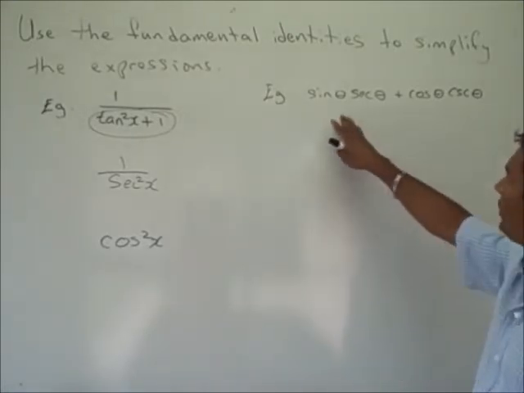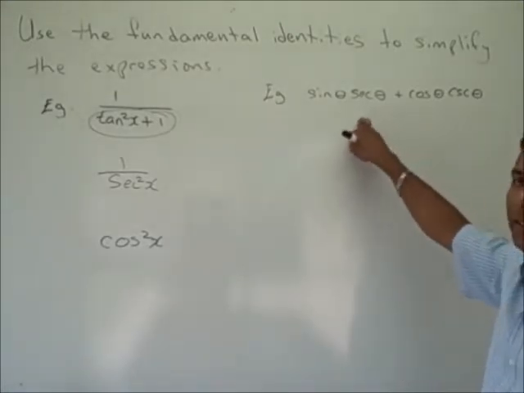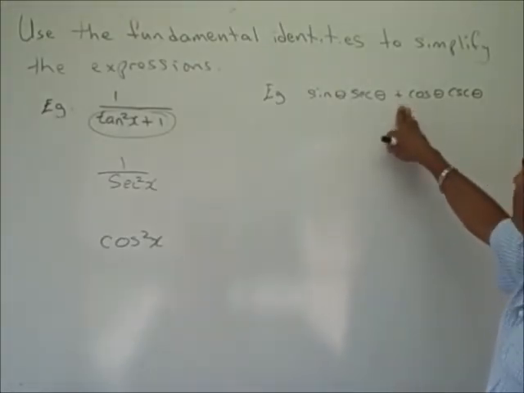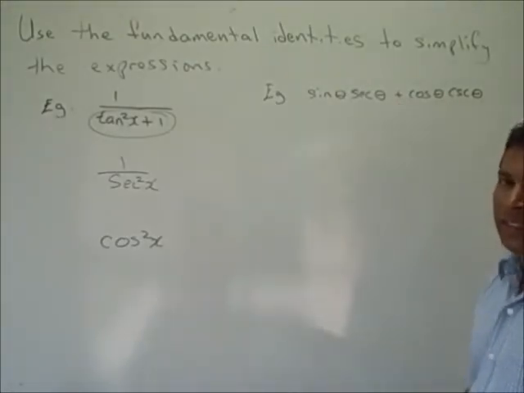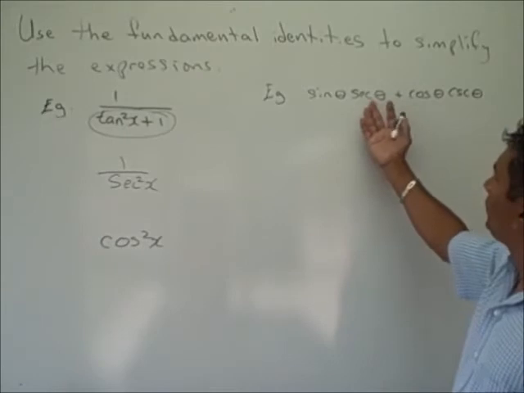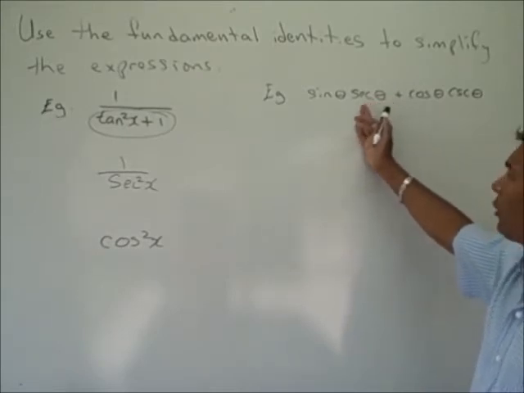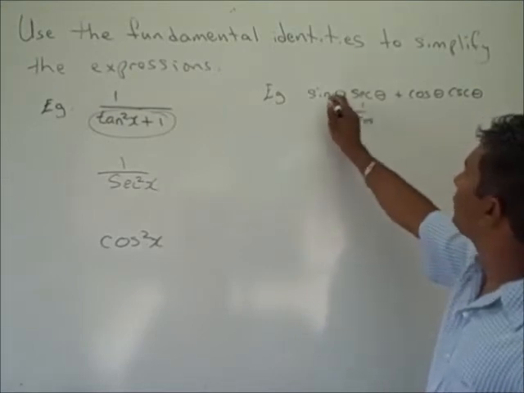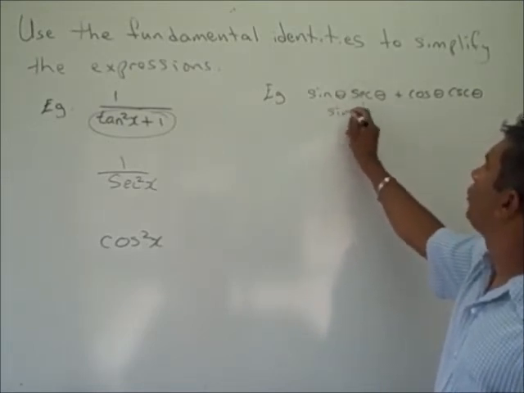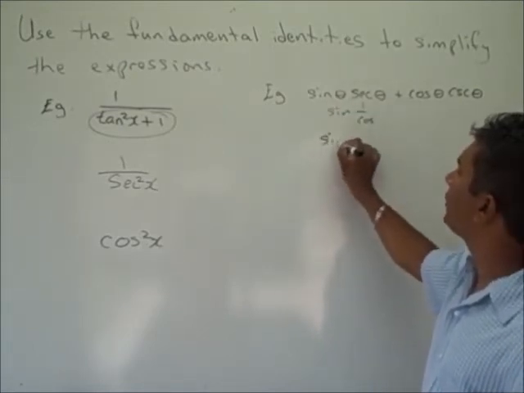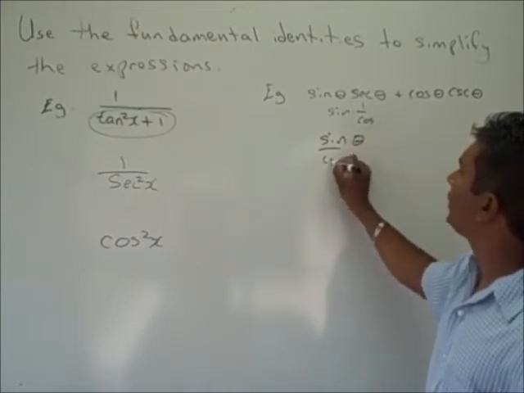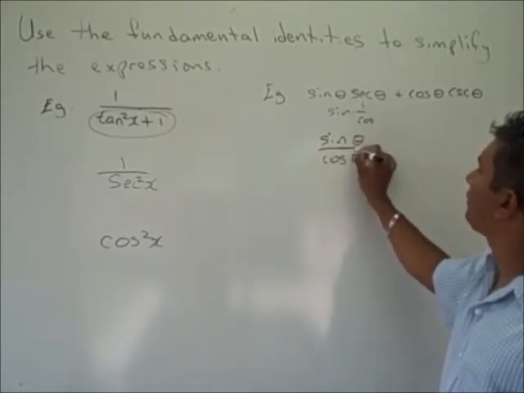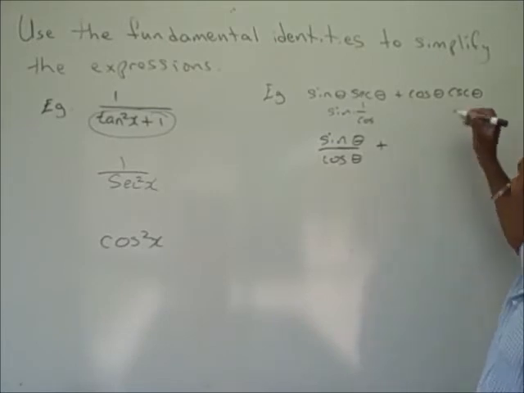Here we have sine theta times secant theta plus cosine theta times cosecant theta. Well, we know secant is 1 over cosine. So if we replace that with 1 over cosine and we multiply sine times 1 over cosine, we get sine theta over cosine theta. Plus, here we know cosecant is 1 over sine.